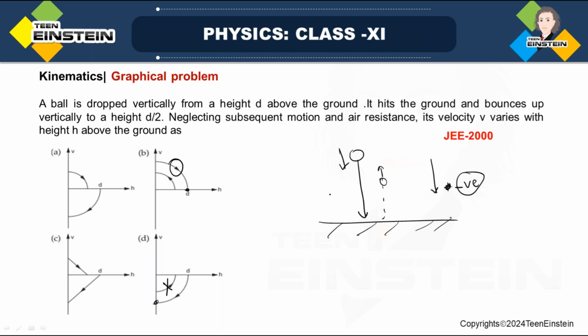If this direction is positive, the arrow should be going upward, because I'm dropping from height, so the velocity is increasing as it drops. But here velocity is decreasing as the distance increases. That is fine, but what about this one?